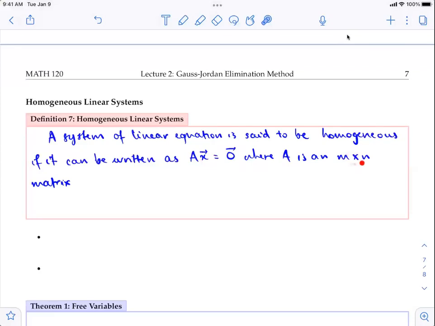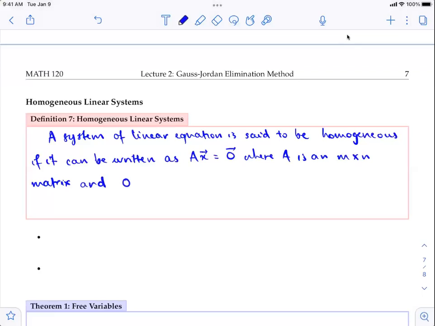So this m by n is called the size of the matrix. Again, we haven't formally defined a matrix, or the size of a matrix for that matter. It's just that we need the definitions to talk about the homogeneous linear system. So bear with me here. Eventually, we're going to talk about matrices in more detail in lecture 4. All right, so this is the size of the matrix.